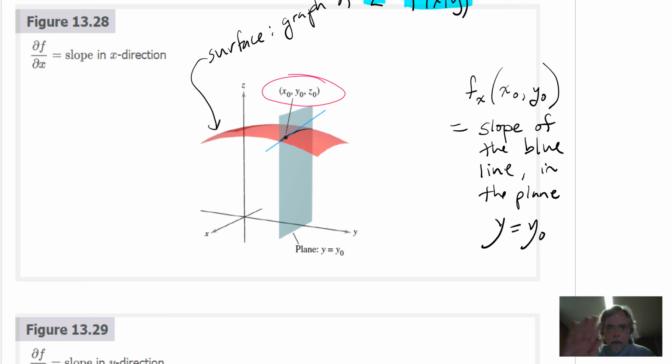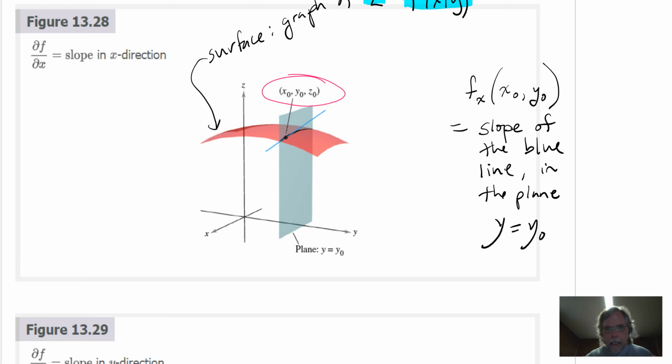So that's what we're talking about here with the partial derivative with respect to x. Remember, when we do the algebra process, we regard y as a constant, and that's related to this because that plane is the plane where the y value is constant, y equals y0. So we have the intersection of the red-orange curved surface, the graph of the function z, with the plane y equals y0.